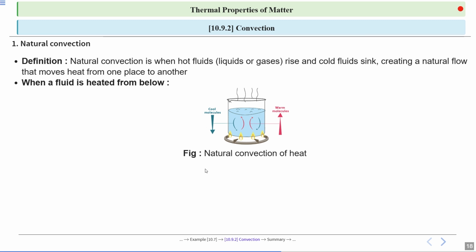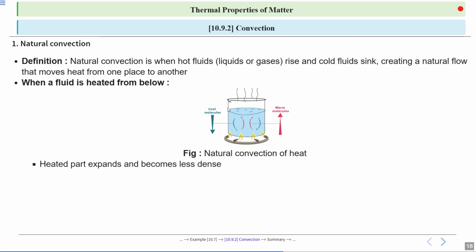So in that case, heat moves from one place to another. When a fluid is heated from below, like in this figure, the particles of the fluid move in an upward direction after heating, and cold molecules move in the lower part.